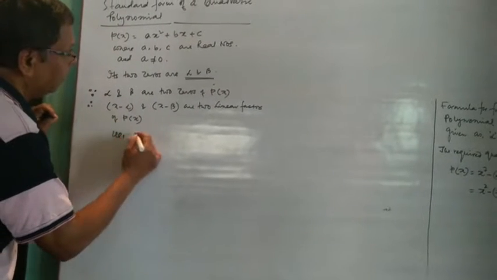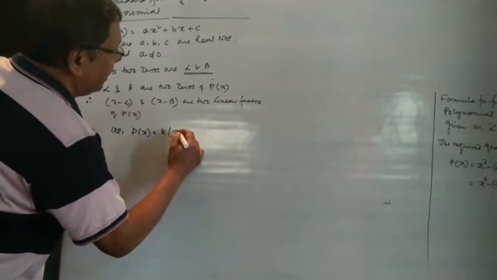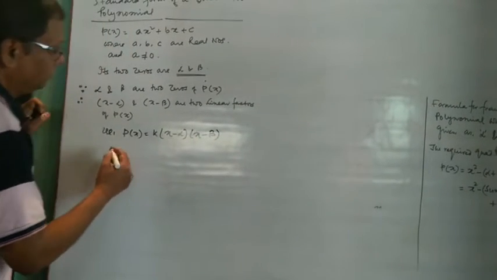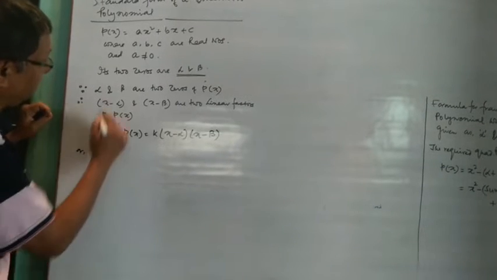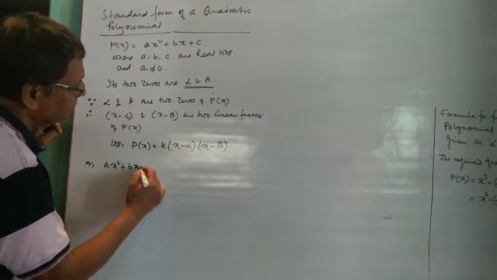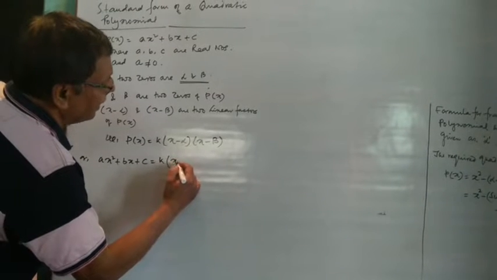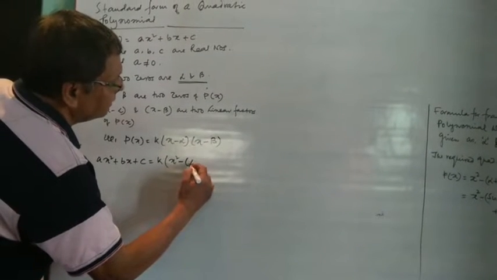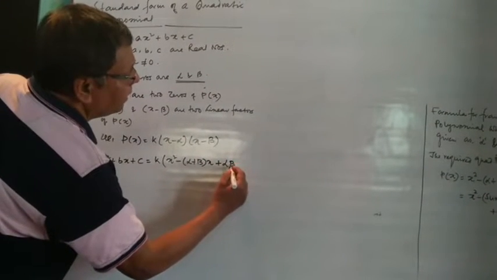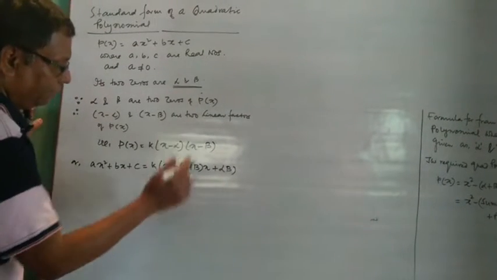So p(x) equals k into (x minus alpha) into (x minus beta), or p(x), meaning ax square plus bx plus c, equals k times (x square minus (alpha plus beta) into x plus alpha beta). I have multiplied these two terms and I have written it in this way.